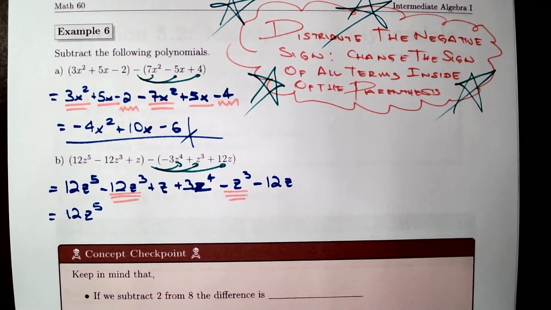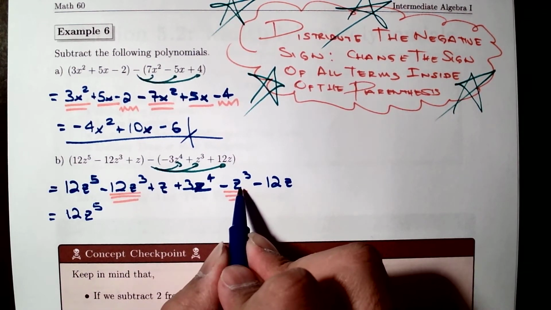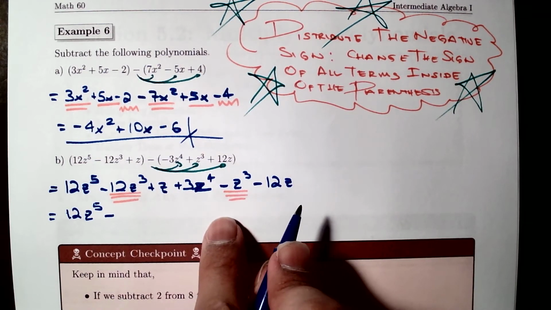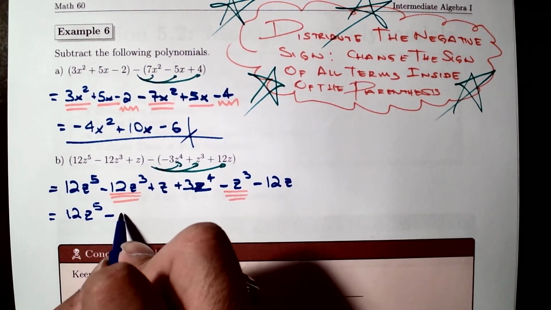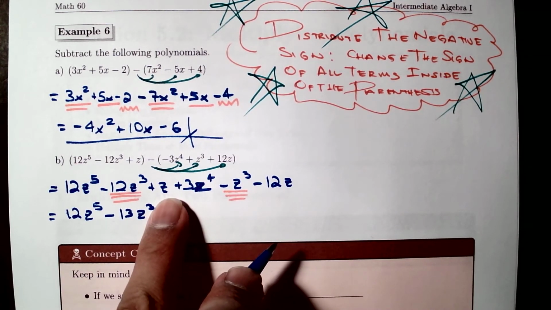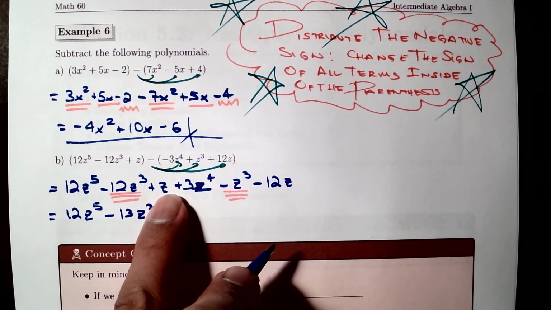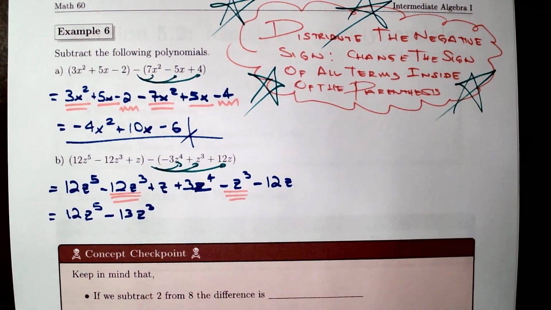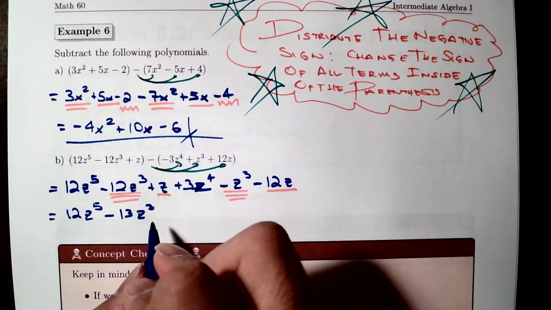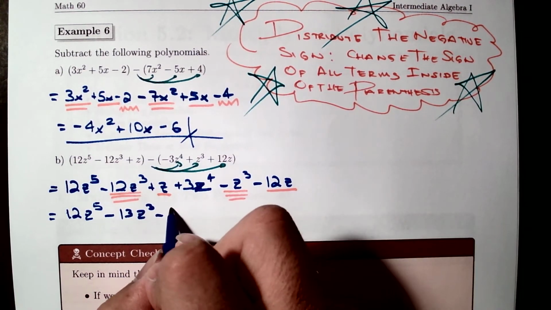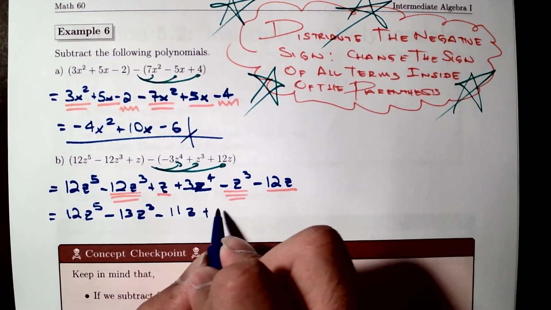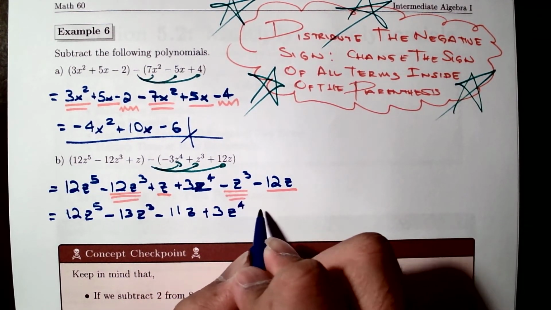So negative 12 minus 1, that's going to give us negative 13c cubed. And then I have this z and negative 12z. That's going to give us negative 11z, and I have this remaining term which is 3z to the fourth power.